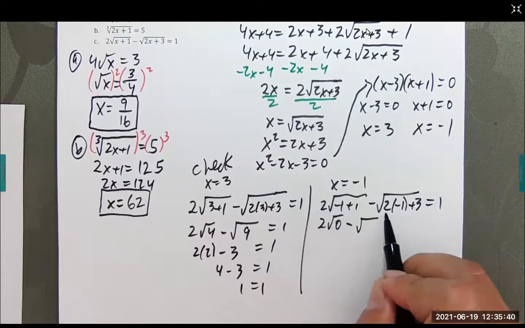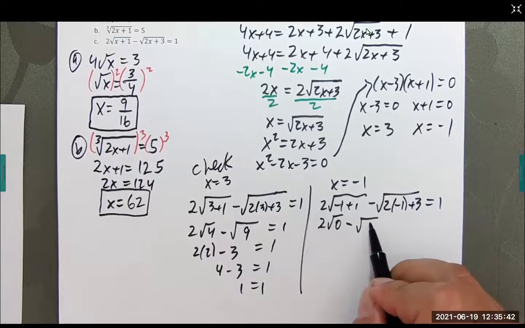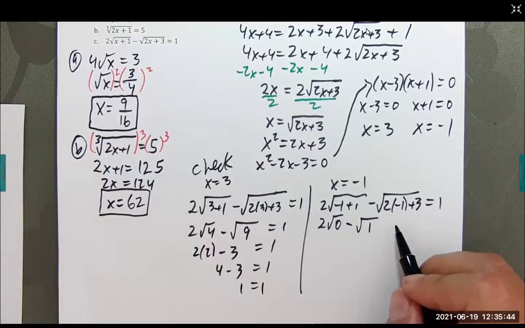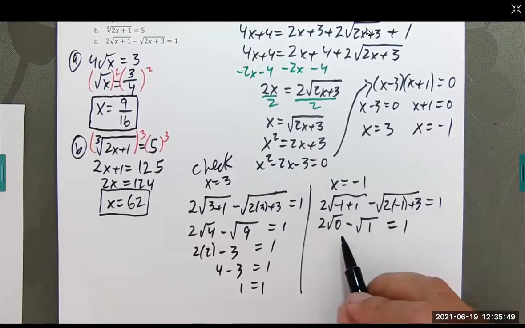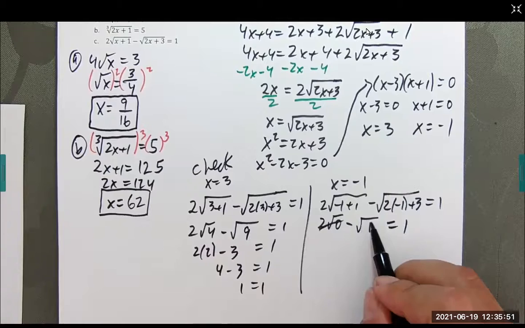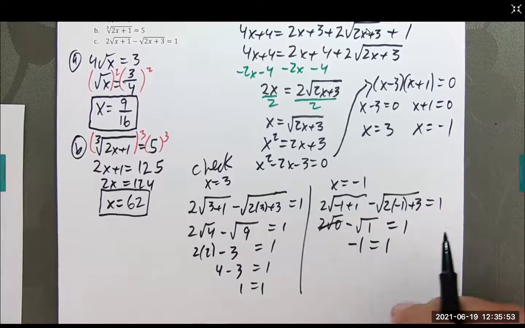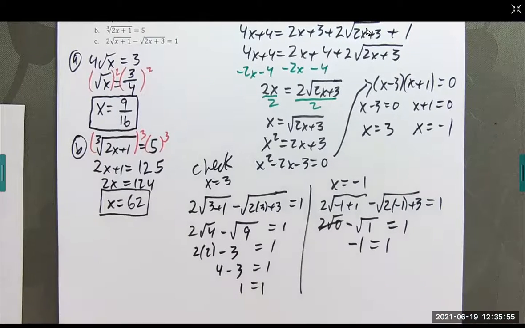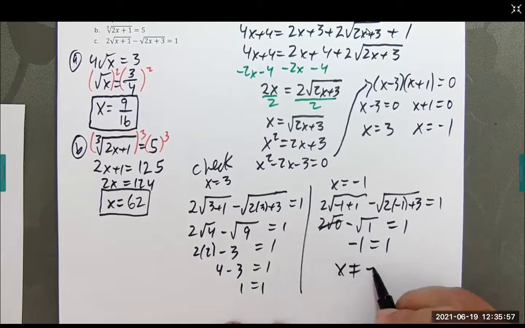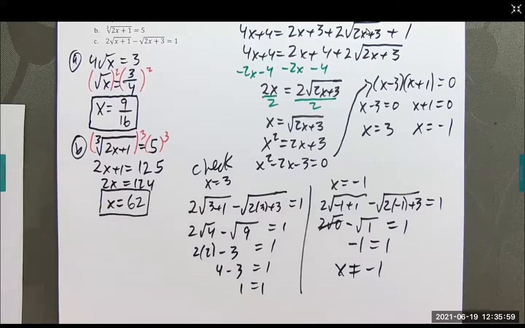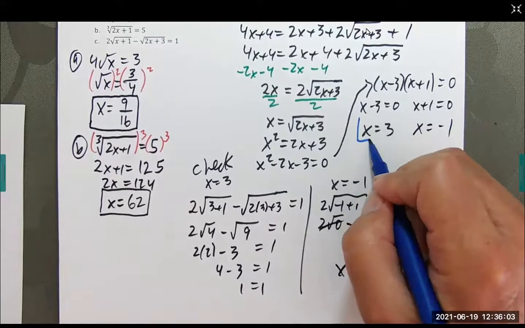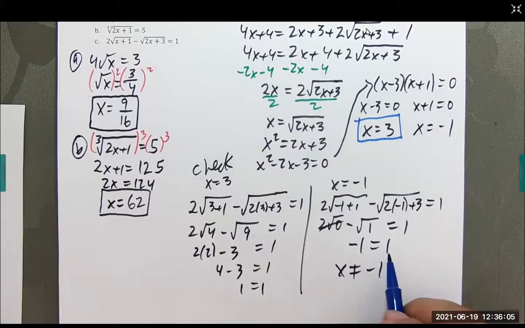That is -2 plus 3 is 1. This equals 1. That goes to 0. So root 1 is 1. So this is -1 equals 1. Nope. So x does not equal -1. So my final answer is only x equals 3, because these two didn't equal one another.